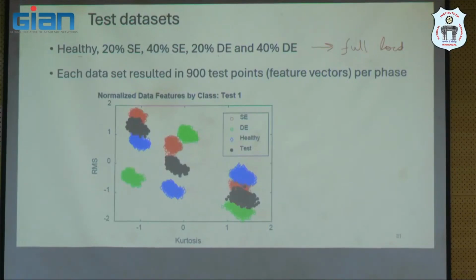So what I did was I used a majority vote based on the outcome predicted by the line-to-line voltage feature sets AB, BC, CA. Each one predicted, and then I used a majority vote to resolve. So if AB predicted static, BC predicted static, and CA predicted dynamic, I would go with static.